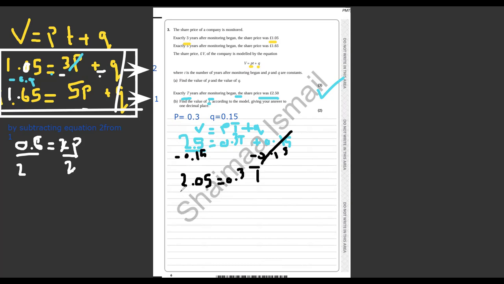The missing part is T, so we divide by 0.3, and we cancel this.